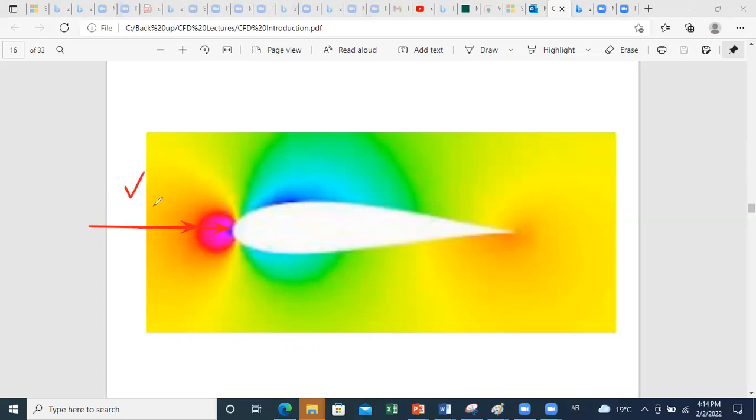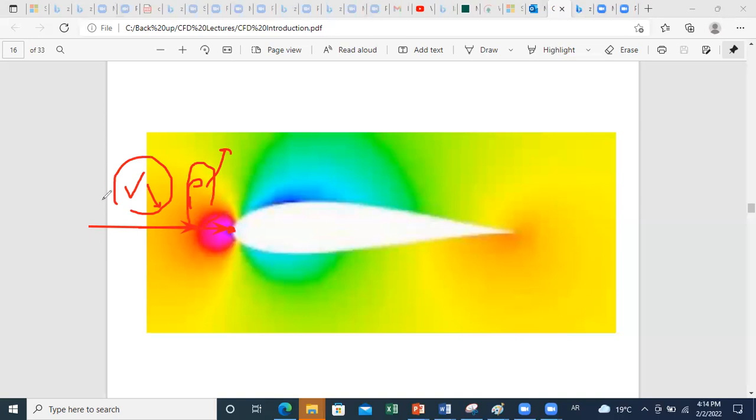If you use the Bernoulli equation, your velocity will decrease and your pressure will increase. When you reach this point, this is called the stagnation point. At the stagnation point, the kinetic energy is completely transformed into pressure energy, and then you have maximum pressure here.